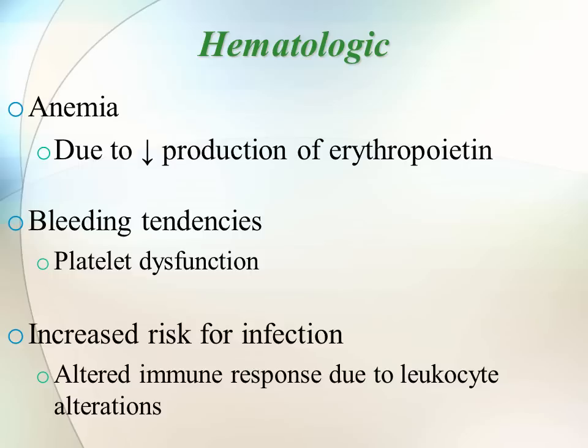When we have chronic kidney disease, we're also taking a lot of samples of blood all the time. And these people have some bleeding tendencies, and the bleeding tendencies come from a platelet dysfunction. The common cause of bleeding in uremia is poor platelet aggregation.